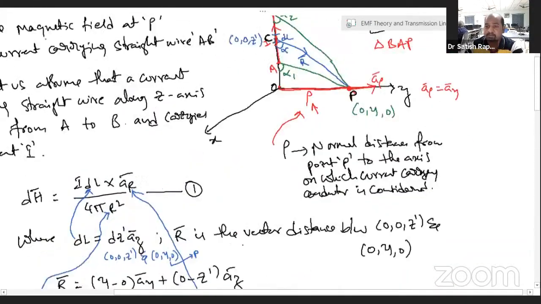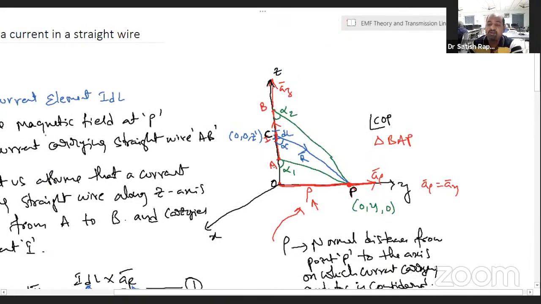Infinite in the sense that A is at (0, 0, minus infinity) and B is at (0, 0, infinity). When point A is at minus infinity and point B is at infinity, the long straight wire is infinite in length.